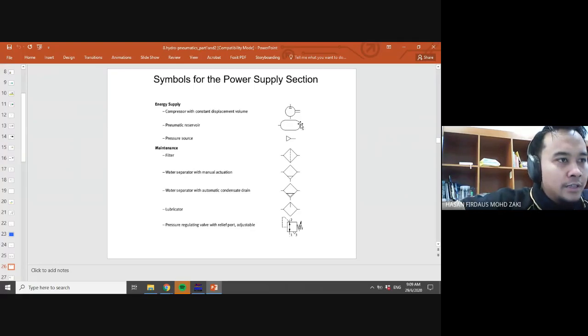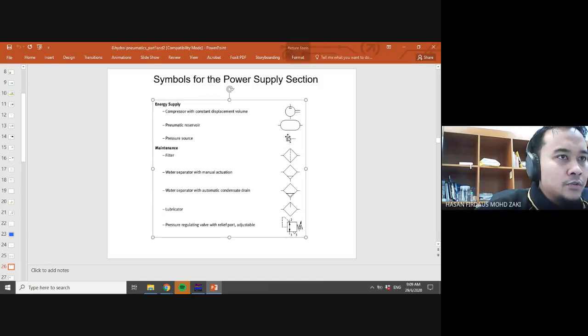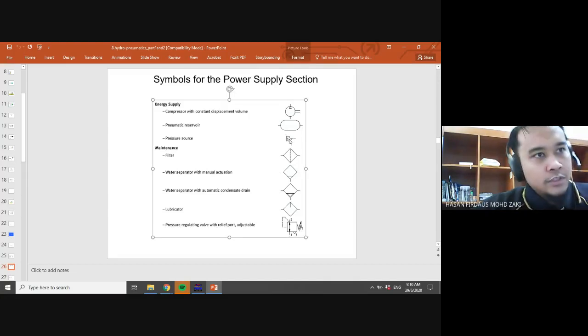pneumatics study. So this is the power source, one of the most important ones. You may not use it very often, but this pressure source is very important. It's the triangle.